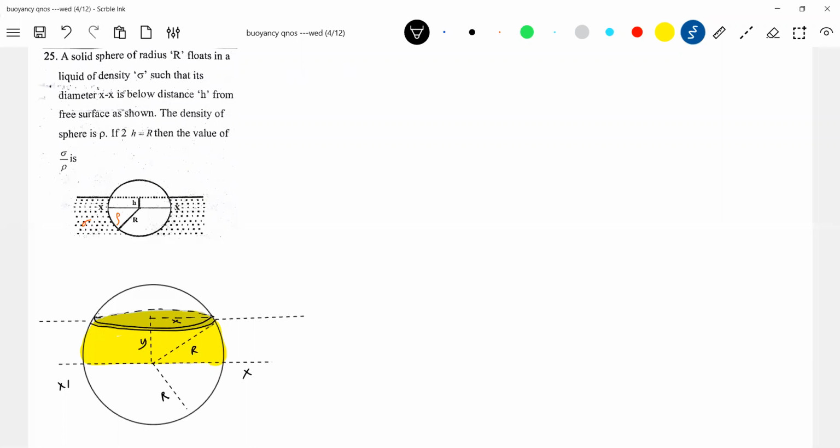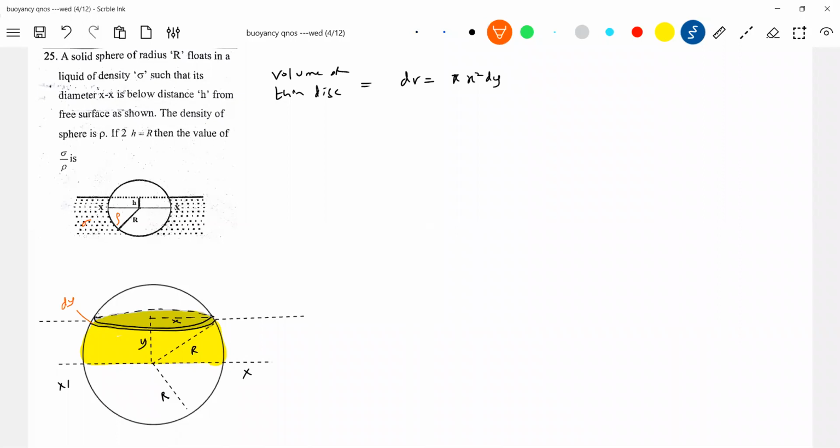So first we'll go for that one. Volume of thin disk: what is the volume of a thin disk? Pi x square dy. dy is the thickness. I think I'm unable to show it, so I'll write it here. dy is thickness.